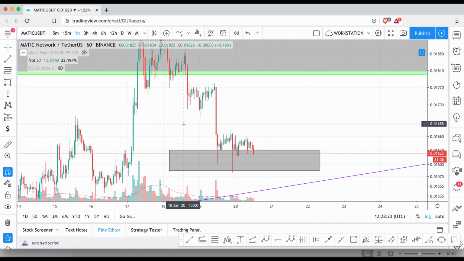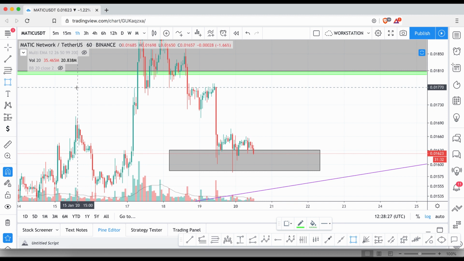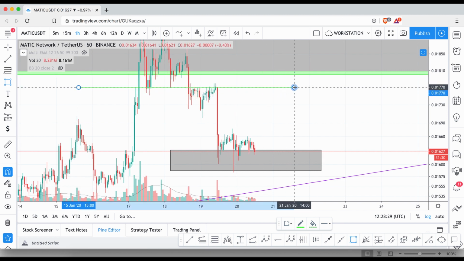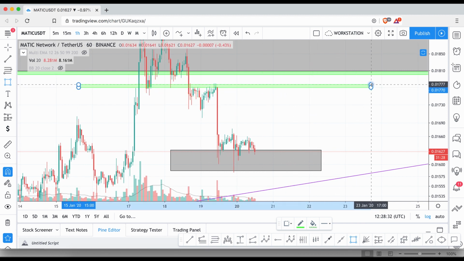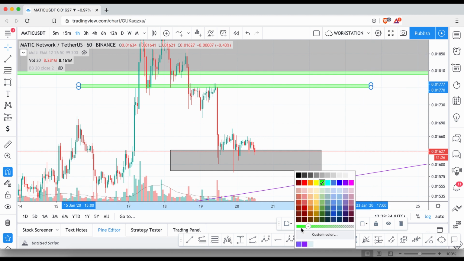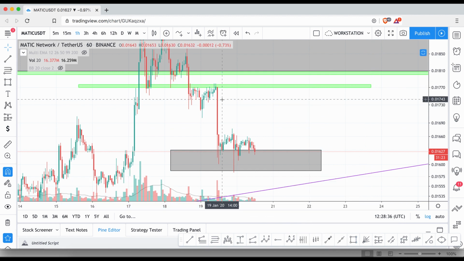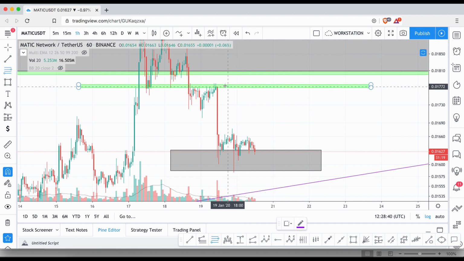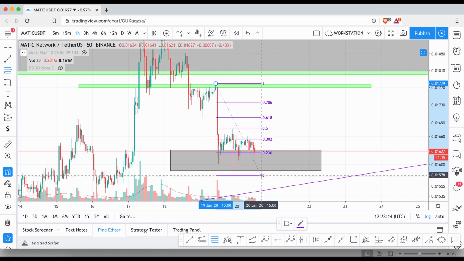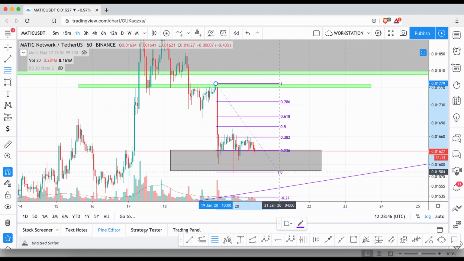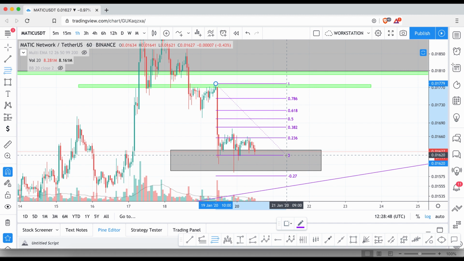And if we see previous price action here, this is an area of resistance, like this. Let it be green for now. Okay, so if we take the Fibonacci tool once more, we have here the high of the move and the low of the move. Let's make it line up with price action.